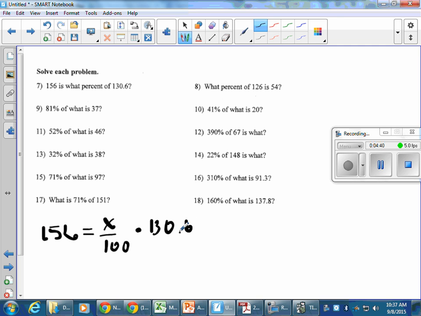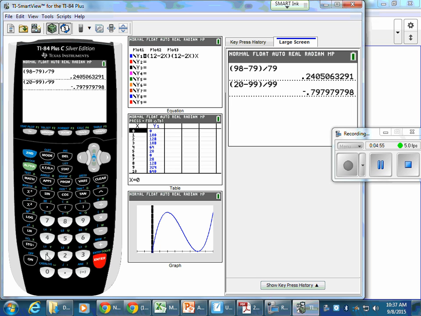Alright, so if I'm going to solve this, I'm going to divide by 130.6 on both sides. That cancels that out. So I do 156 divided by 130.6, and that gives me 1.19 something.